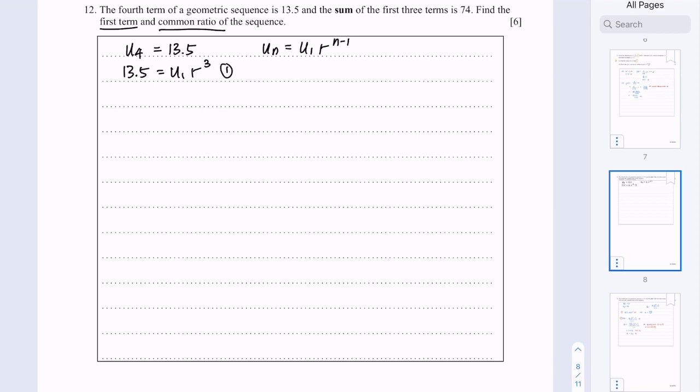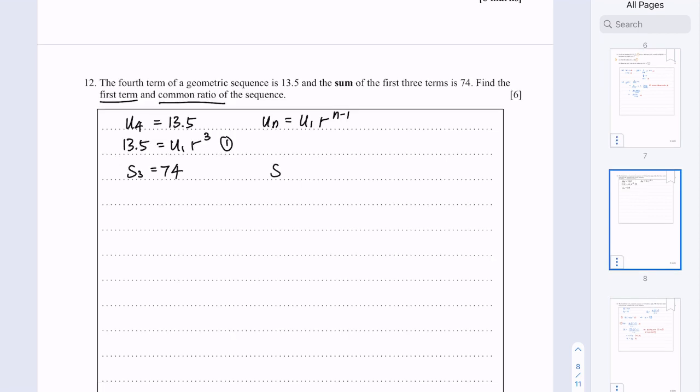Now we can use the second piece of information that's given in the problem. The sum of the first three terms is 74. So S sub 3 is equal to 74. I know from my formula booklet that to find the sum of n terms in a geometric sequence, I can use the formula u sub 1 times 1 minus r to the power of n all over 1 minus r.